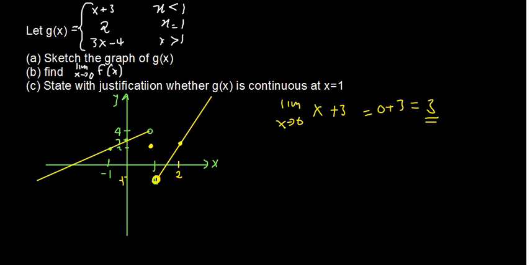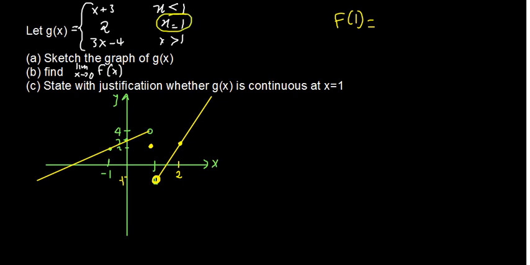And then the next one, state with justification whether g of x is continuous at x is equal to 1. First thing first, we need to find f of 1. Now we've seen that when we put x into the function, the value of y that we are getting is a 2. So that is f of 1.